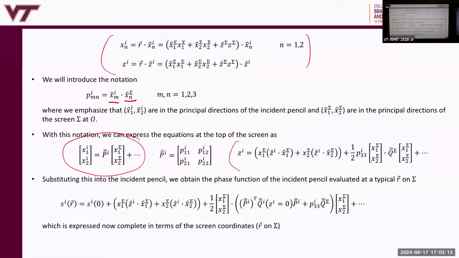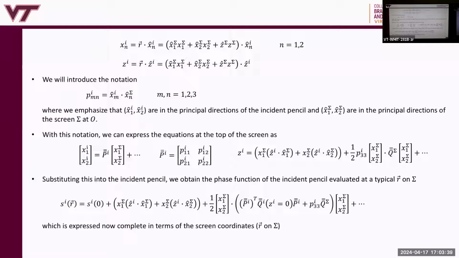And then the z part is here. So the first expression, this one, is nothing but this, x1 incident, x2 incident, so n equals 1 and 2, because this is for two n's. That's equal to this projection matrix multiplied by x1 sigma, x2 sigma. And then we move the z dot product over to this one.